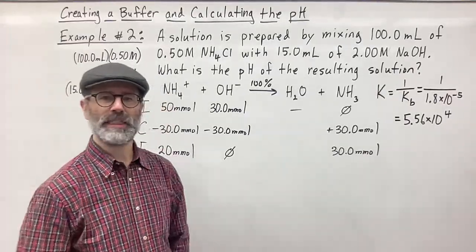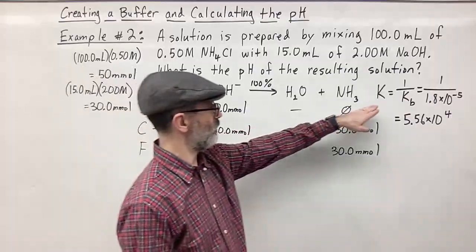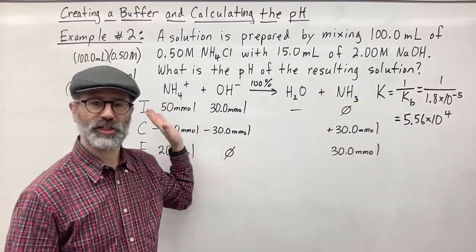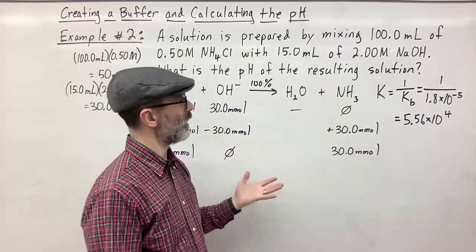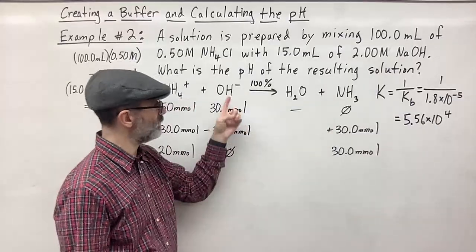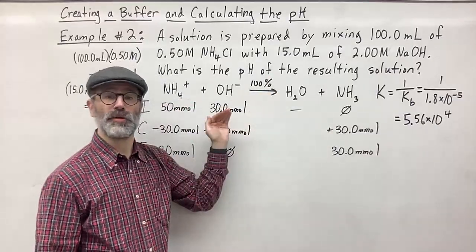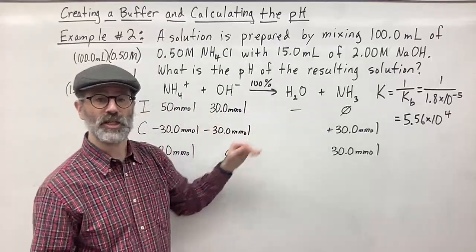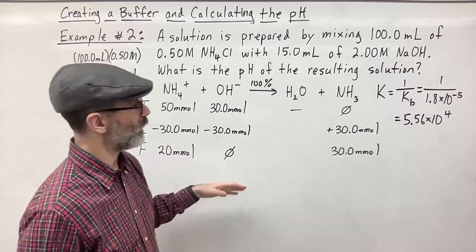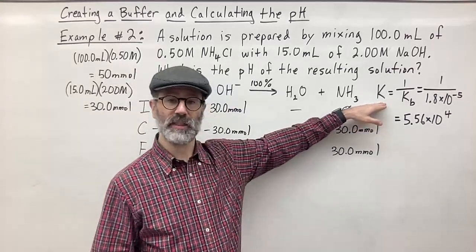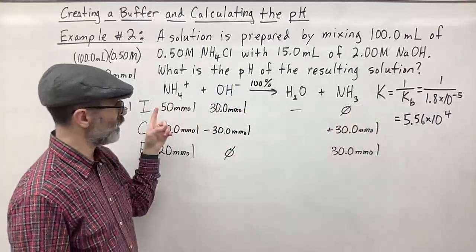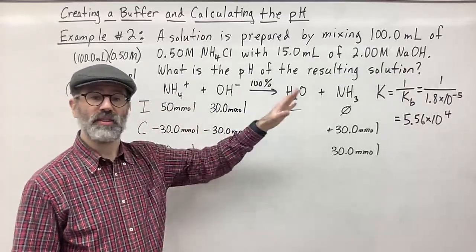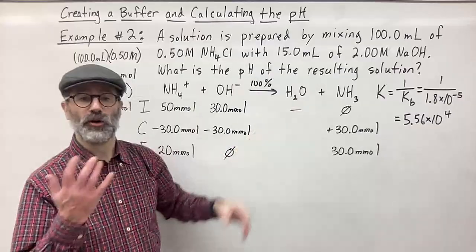Oops, I forgot one thing. I wanted to point this out. So here we have the equilibrium constant for this reaction. And the one thing I want to point out that I forgot is I said this reacts 100%, it reacts to completion. Well, how do we know that? We can look at the equilibrium constant. So for this reaction here, it's important to recognize how these are related to other reactions.